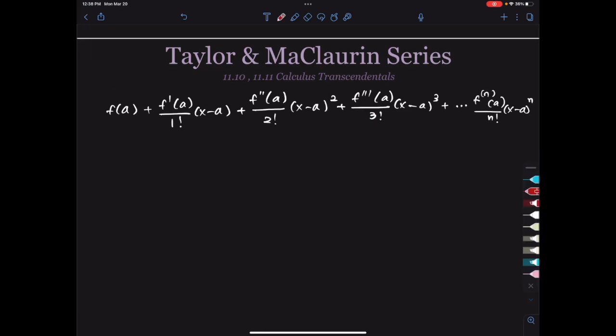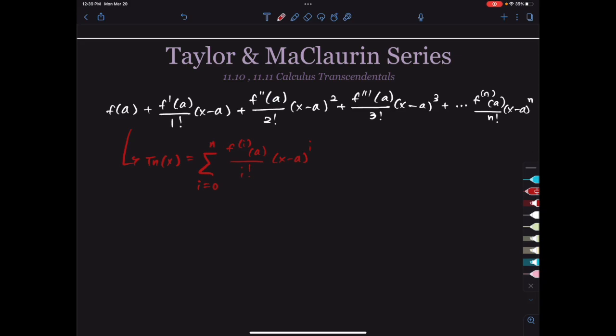We have this string of polynomial terms from n equals 0 to n equals n. For each degree of n, from 0 to whatever number you want, there's a corresponding polynomial term.